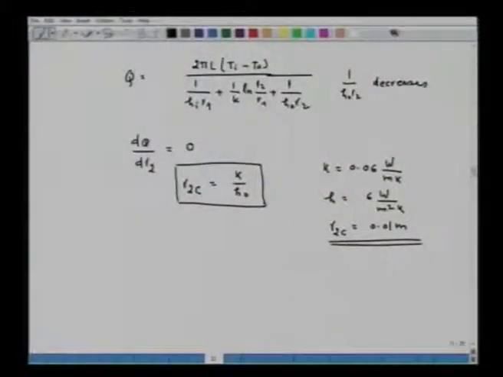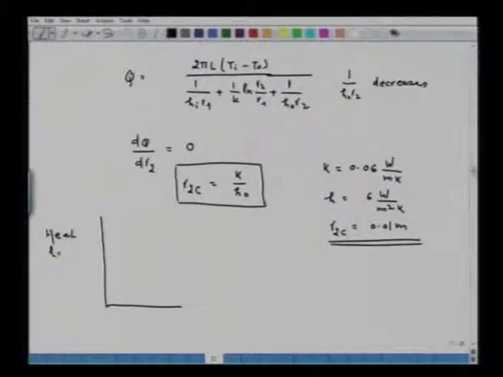decrease. So, for example, if we plot here heat losses against the ratio R2 upon R1: when R2 is equal to R1, the heat losses will be very high.